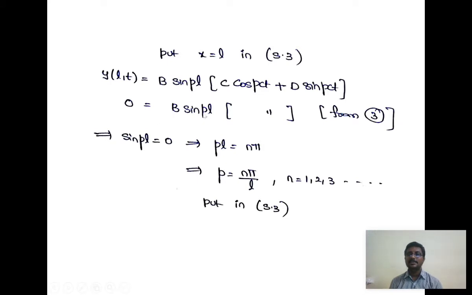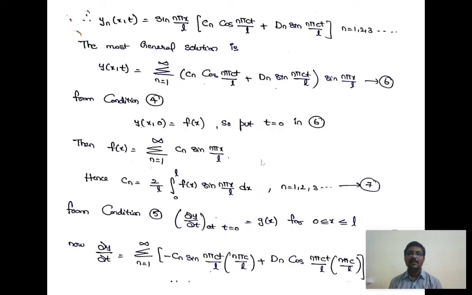Equating to 0, sin pL is 0, which implies that pL is n pi, because sin n pi value is 0. That makes p value n pi by L, where n varies over positive integers, that is 1, 2, 3 and so on. Now putting in solution 3, we will have solution y n of x,t. So it is the most general solution.